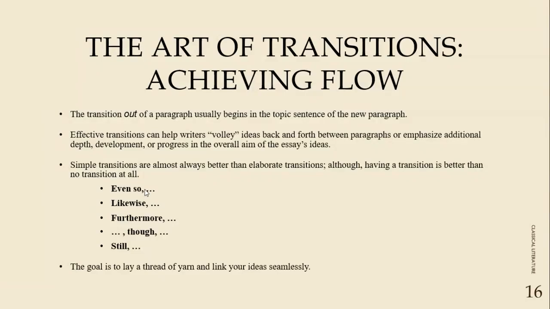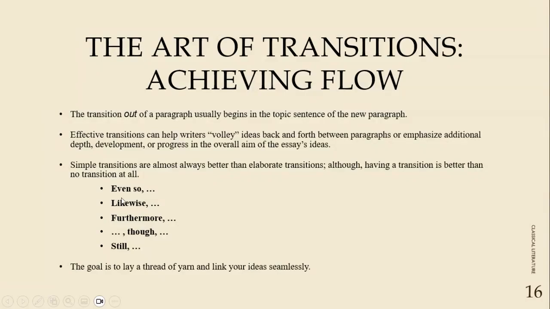But again, these little transitions can make the difference between a paper that flows incredibly well versus one that just reads super choppy. And again, if you don't have those rebuttal paragraphs, you can use likewise, furthermore. Likewise is like having an ally. This is an ally to the previous paragraph. A furthermore, that's an advancement. That's like a reinforcement.